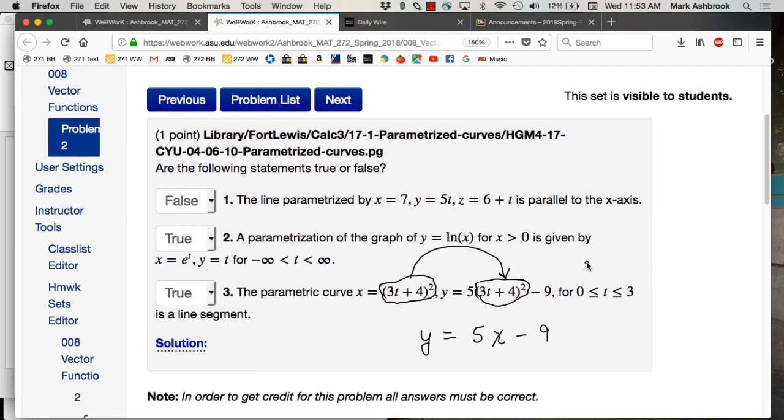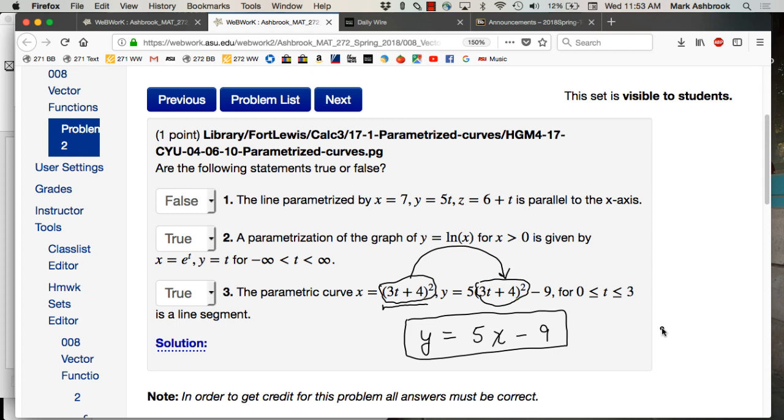So this expression is doing weird things to t, I should say. But in the end, the points that you get are on y equals 5x minus 9. You don't get them in a nice linear fashion. For different values of t, it'll sweep out at different rates. But in the end, you're getting these same points on the line. So it's true, that is a line segment.